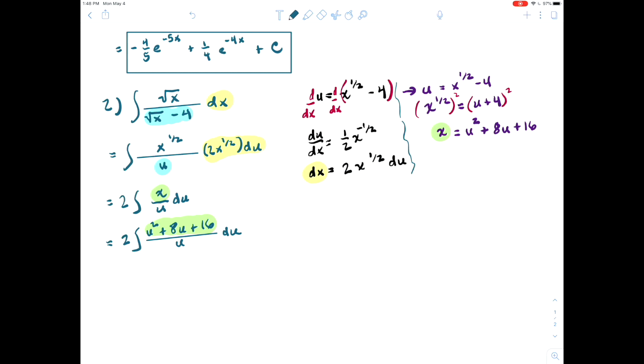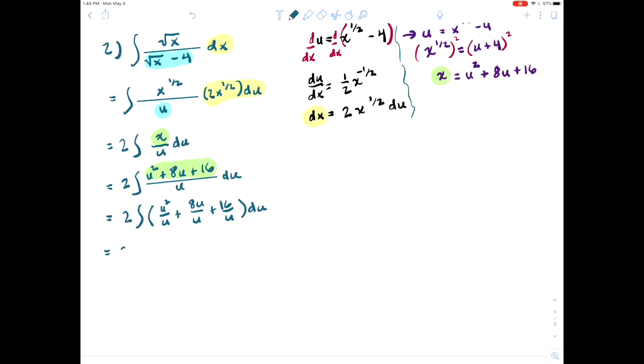So now let's see what we've got. If we divide through by u to the 1, we will have the integral of, I'll just write it out, u squared over u plus 8u over u plus 16 over u with respect to u, which is 2 times the integral of u to the 1 plus 8.